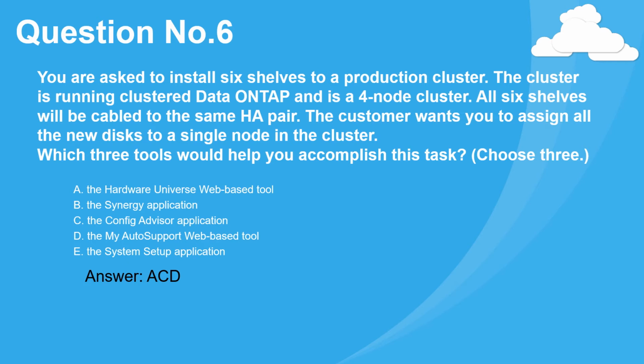Choose 3. A. The Hardware Universe web-based tool. B. The Synergy application. C. The Config Advisor application. D. The My AutoSupport web-based tool. E. The System Setup application. Answer. A, C, D.